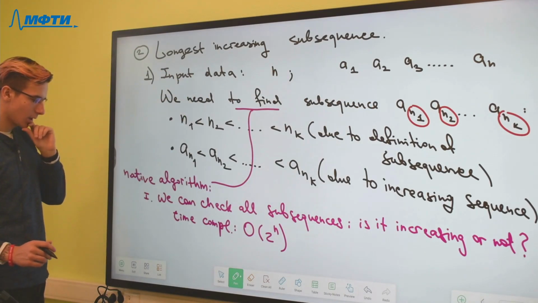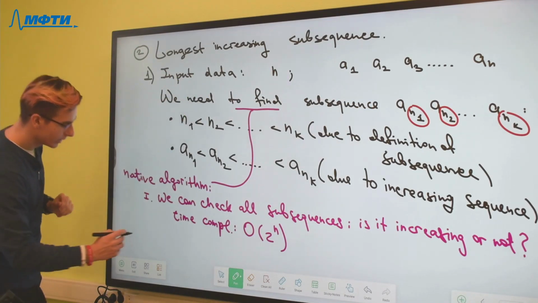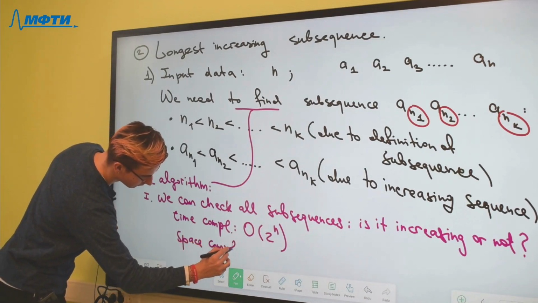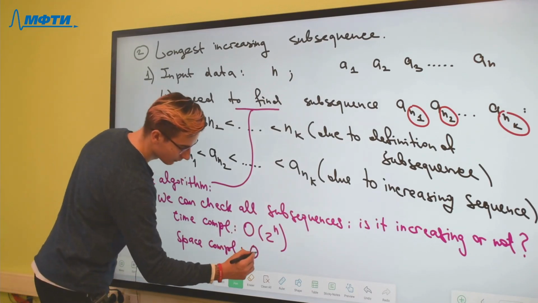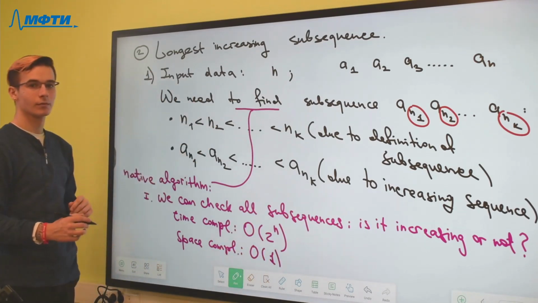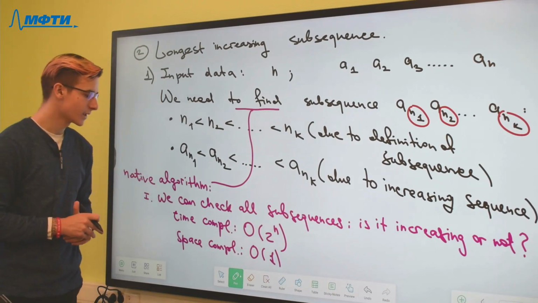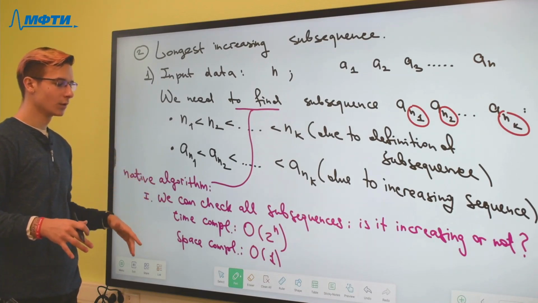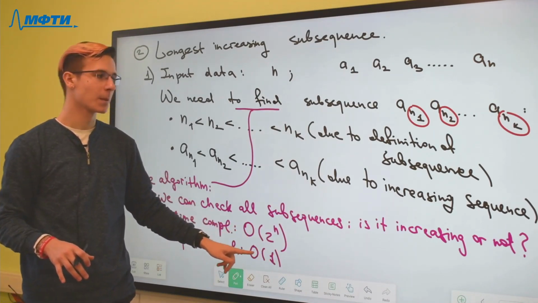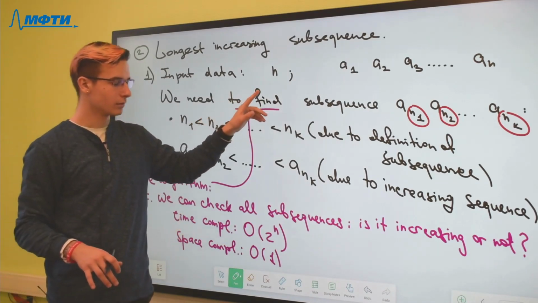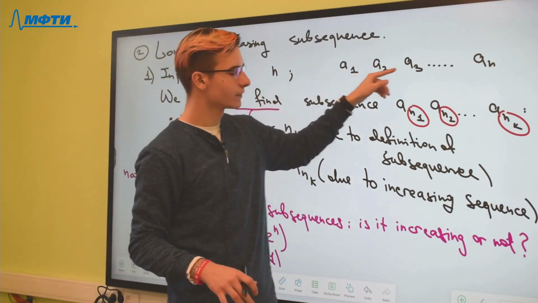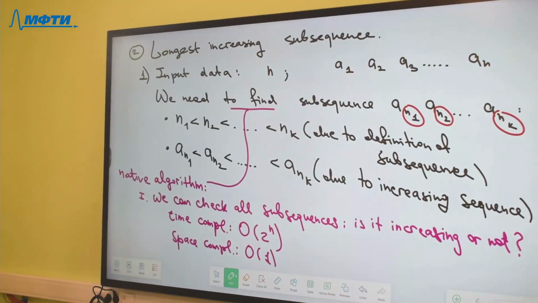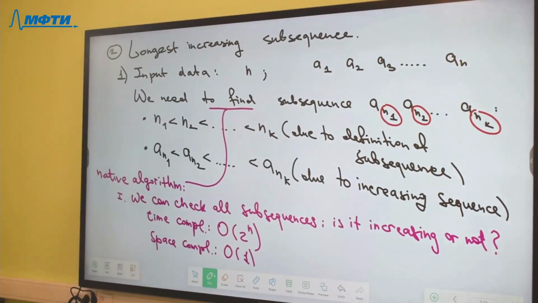And space complexity? O of 1, because, for example, we can set an iterator from 0 to 2 to the power n minus 1, then find the sequence by this number and not spend any other space.